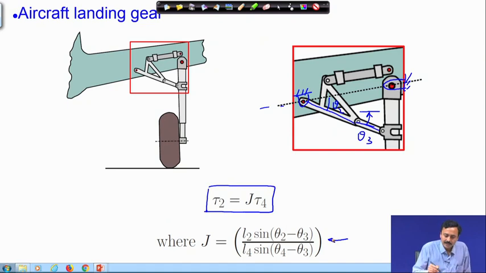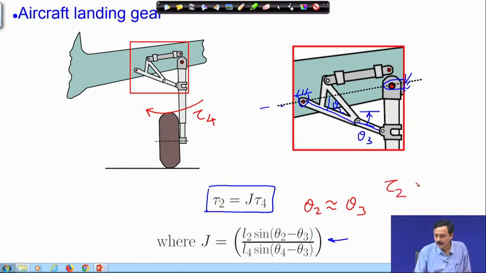Now, what happens here is, if I try to drive, so this is torque at 4. If I try to drive the wheel into the folding position, I will hardly require, because here theta 2 is almost equal to theta 3. So, the numerator vanishes. So, the required torque at the input is very, very small.